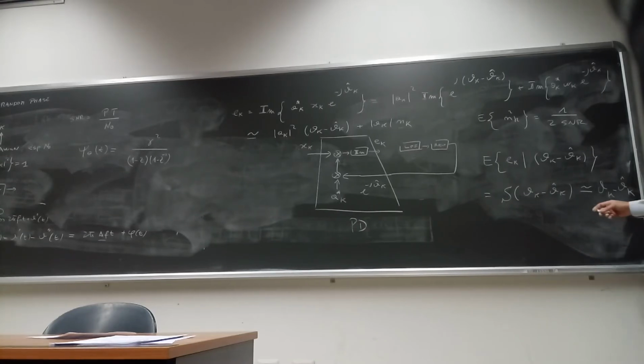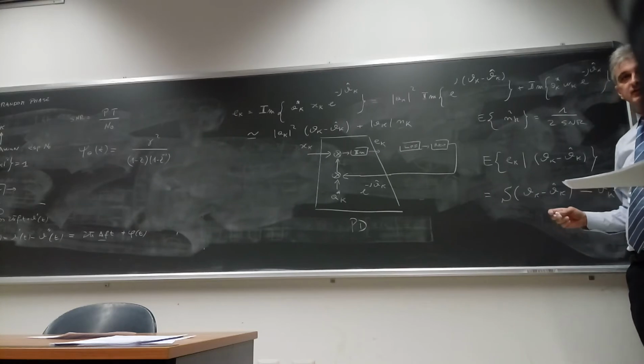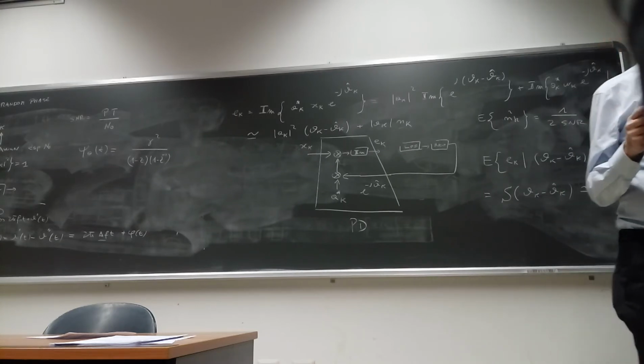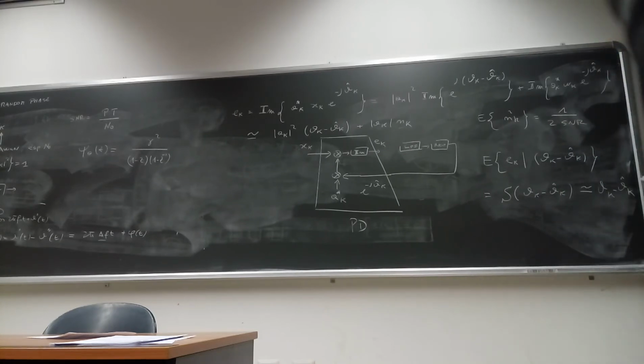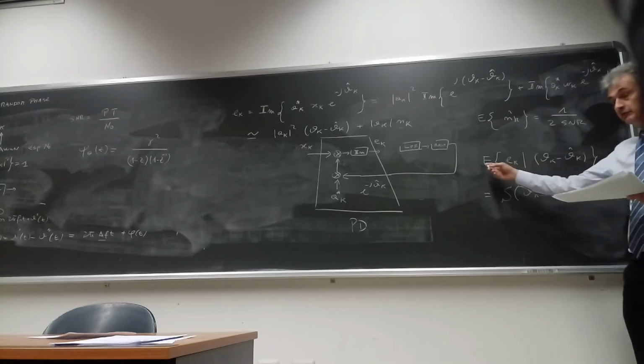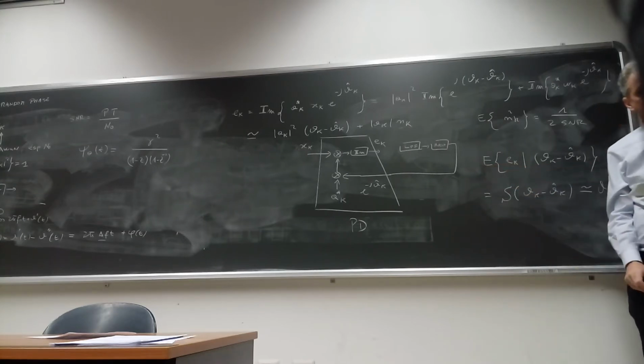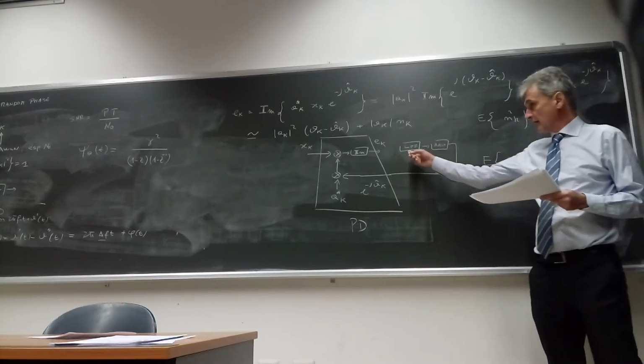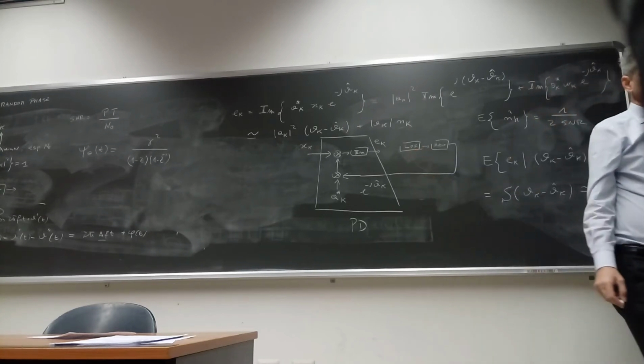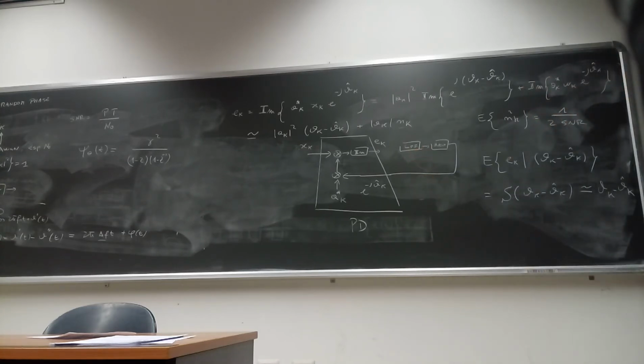You see, I no more characterize the PLL with an instantaneous input-output. I characterize it with the expectation of the input-output. Why? Because after it I have a low-pass filter, so I can look at the expectation. The low-pass filter basically extracts the expectation.